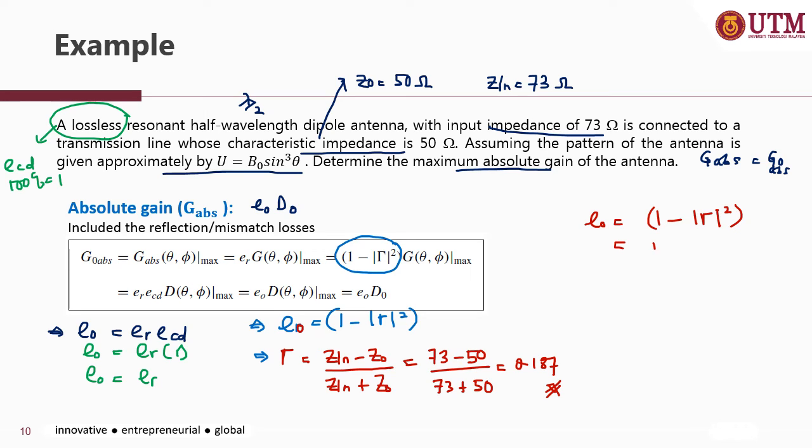It is equal to 1 minus 0.187 squared. So E naught equals 0.965. So the total efficiency of this particular antenna is 0.965.